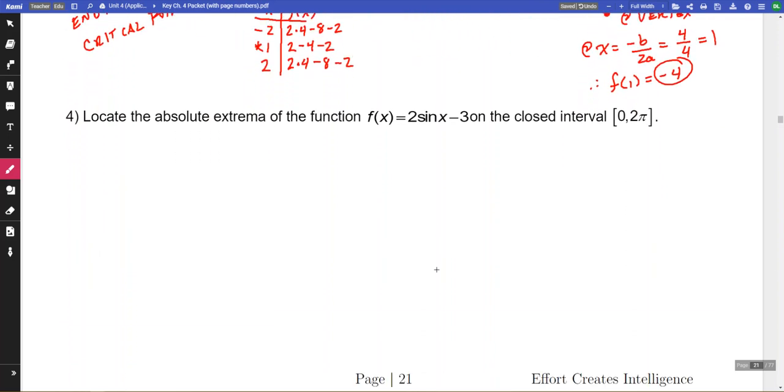And the last one for this video, before we continue in the next video with the other problems, we want the absolute extrema for this function on this closed interval. Technically, if we know what this graph looks like, which for this graph, it is a sine function that has been moved down by 3 units.